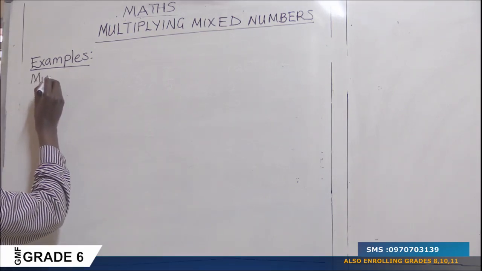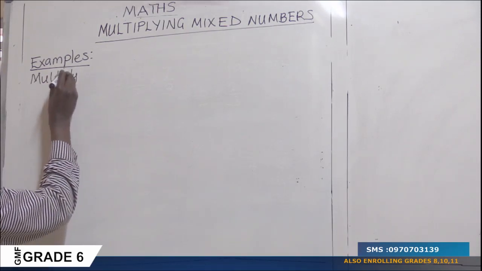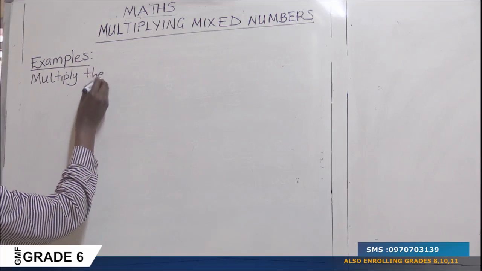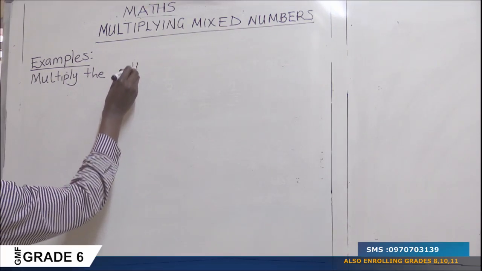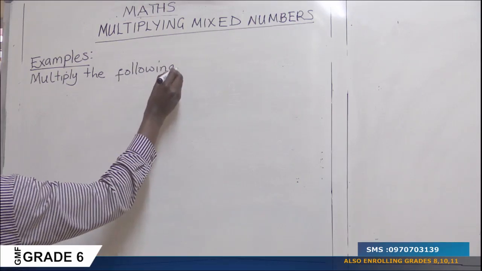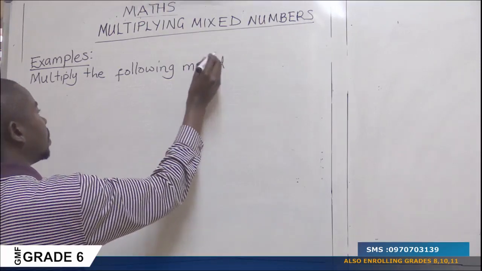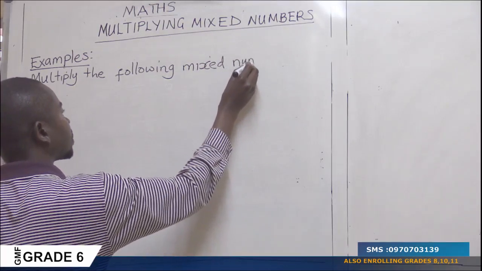Our question says, multiply the following mixed numbers.